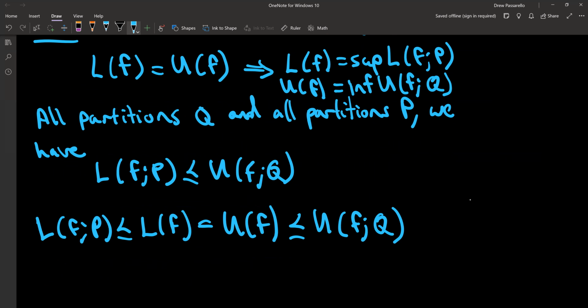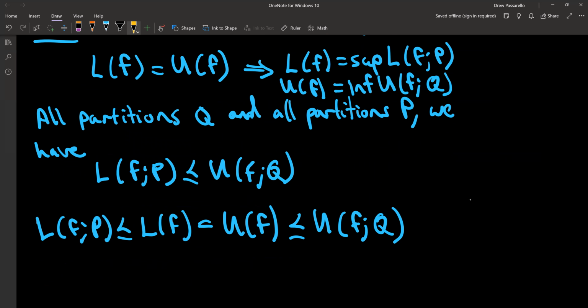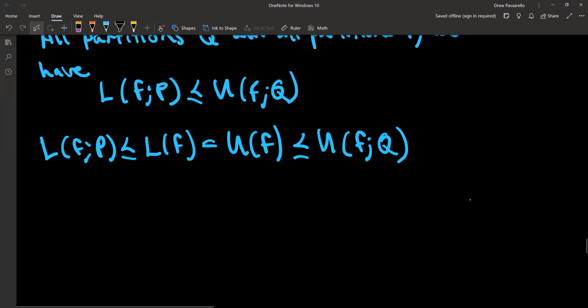Now, what are we trying to show? So let me put in a different color. This would not be part of the proof, but it is helpful to know what we are trying to show.